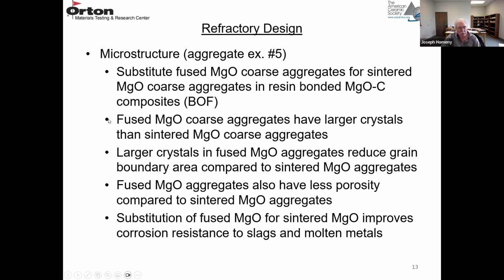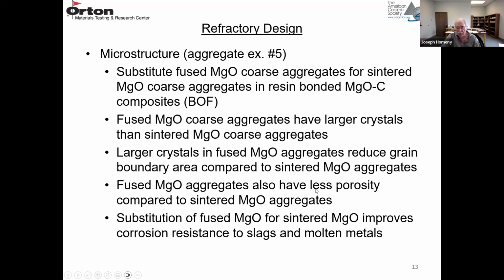We had talked about this. The fused MgO coarse aggregates have larger crystals than a sintered MgO aggregate. And the larger crystals reduce the grain boundary area. And the grain boundaries are the areas that are attacked and corroded first. So there is less grain boundary area than a sintered MgO aggregate if you start out with a fused MgO aggregate.